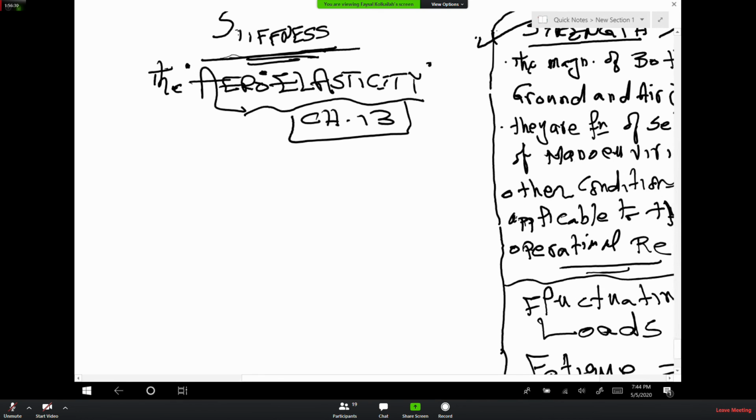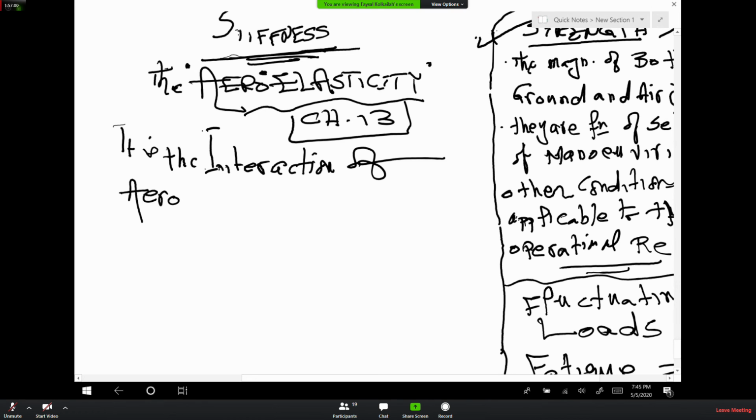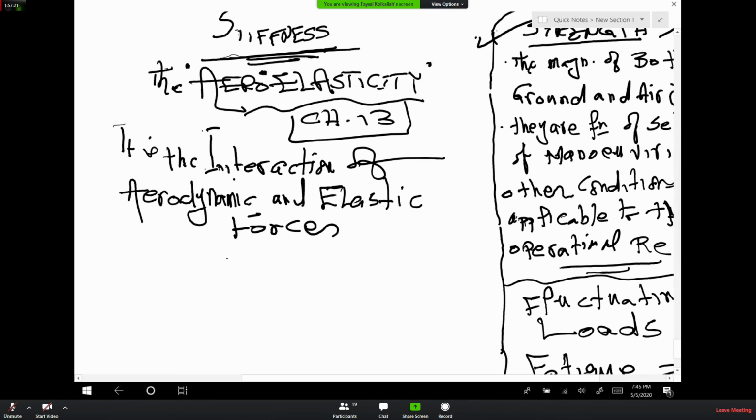So what is aeroelasticity? It is the interaction, the action, of what? As we said, aero or aerodynamic, let's spell it out, dynamic, and elastic forces. That's really, by definition, what we call aeroelasticity.